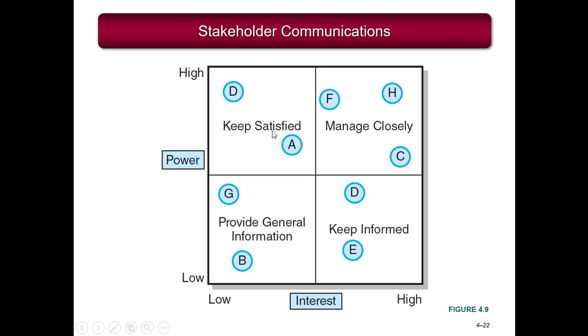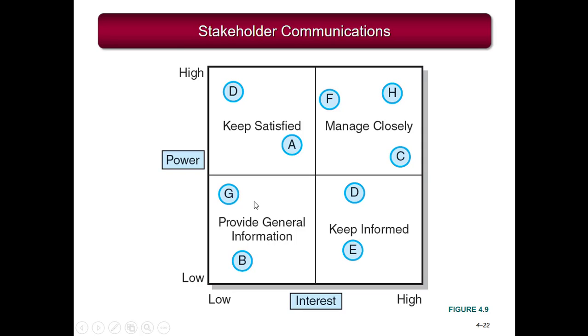This is a grid or a matrix to describe the different stakeholder communications. It's just a guide to show you how you would communicate to various types of stakeholders. On the horizontal axis, you have interest level, low to high, moving from left to right, and on the vertical axis, you have power or authority, or also importance in a company, from low to high.